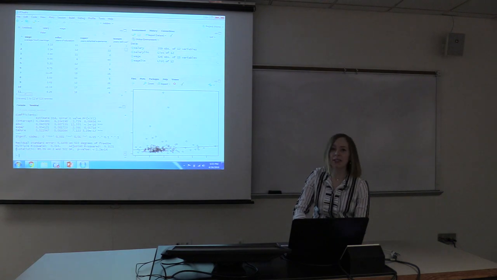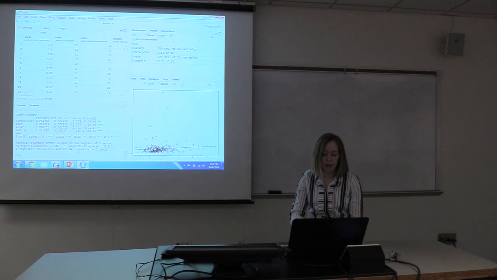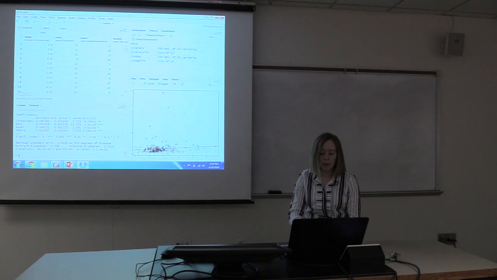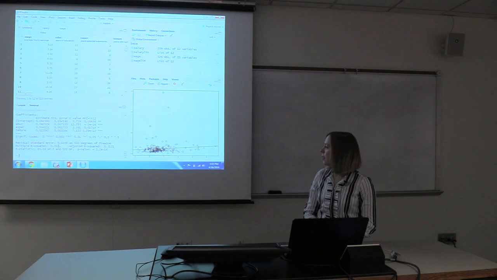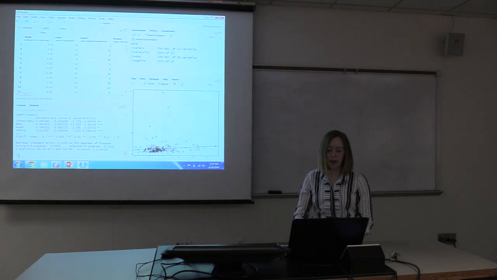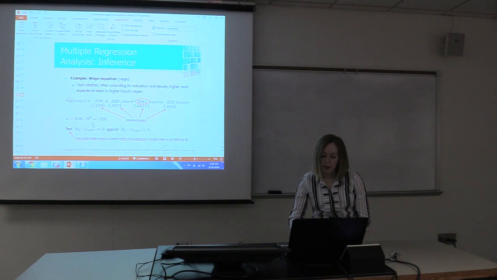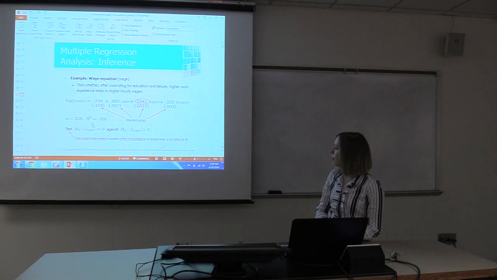That would be from the F statistic for those of you who are familiar with that. It does also give you the R-squared value. R-squared basically tells you what percentage of the variation in Y is explained by the model. So I think I have that here. R-squared is about 0.316 here.